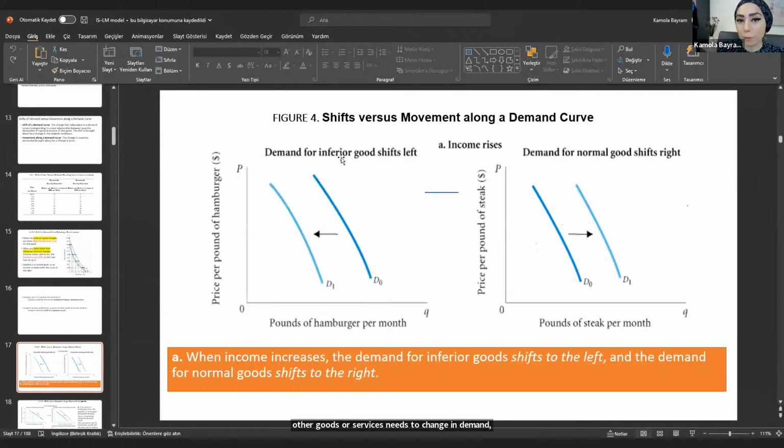Here, demand for inferior goods shifts left, because once my income increases, I will consume fewer low-quality goods. But demand for normal goods will shift right, remember that.